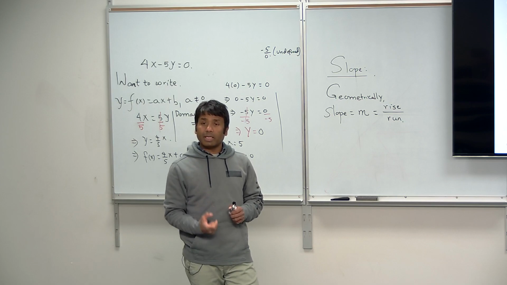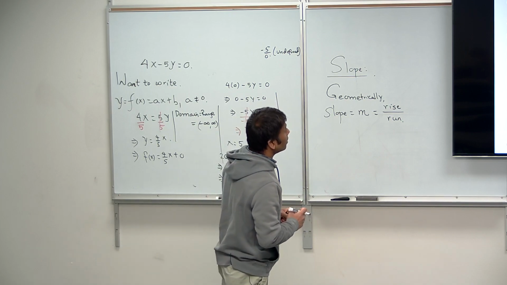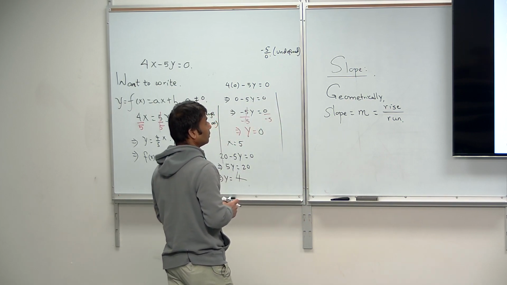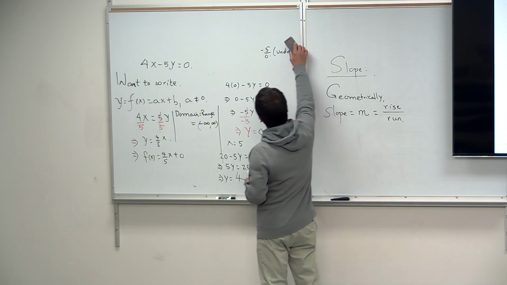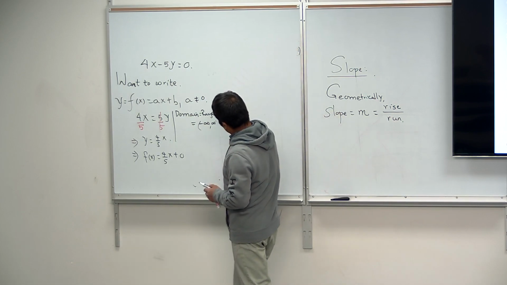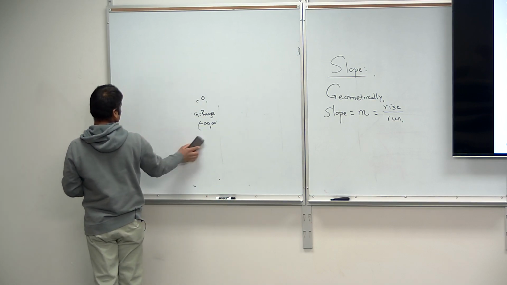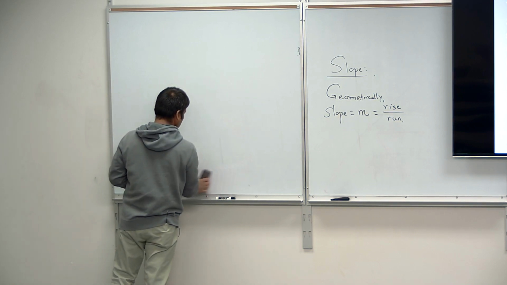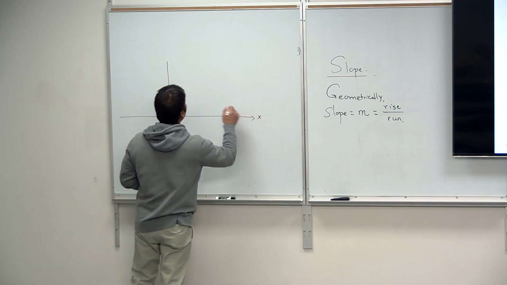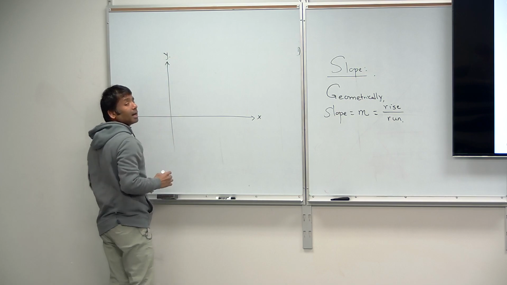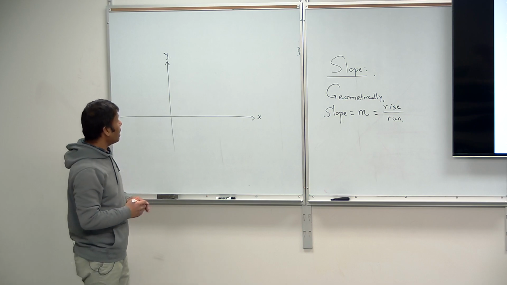Change in horizontal distance is run, and change in vertical distance is rise. So if you have a line, and you want to find out the slope, we only need 2 points to find the slope of a line.